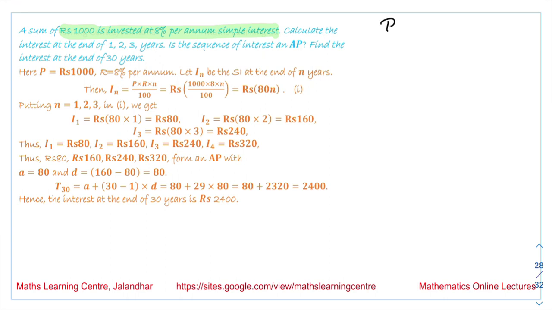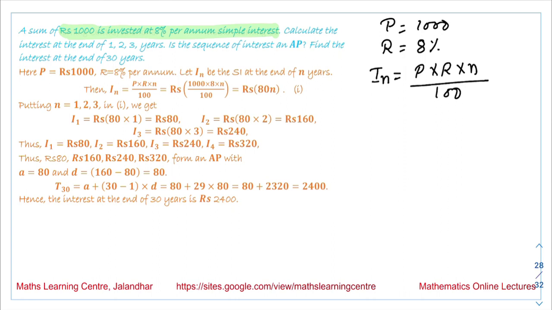So principal that is given to us is 1000. The rate of interest that is given to us is 8%. So we are saying that the interest at the end of n years, the formula we have is principal into rate into time over 100.